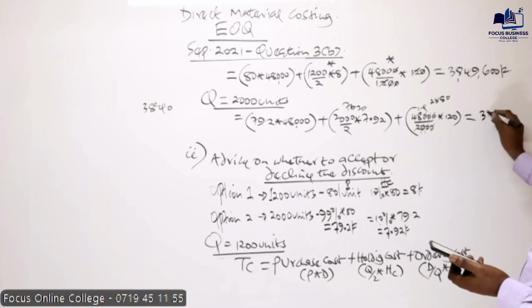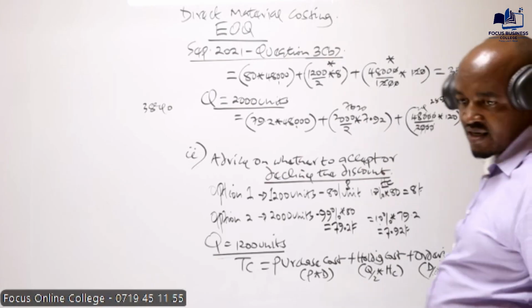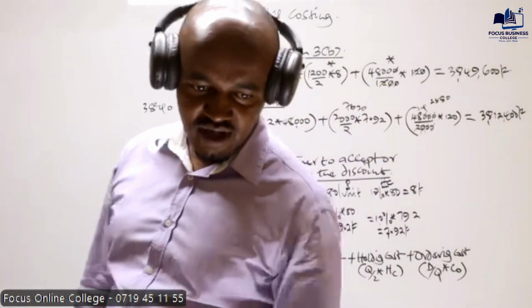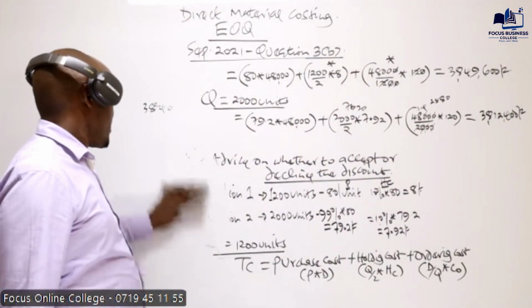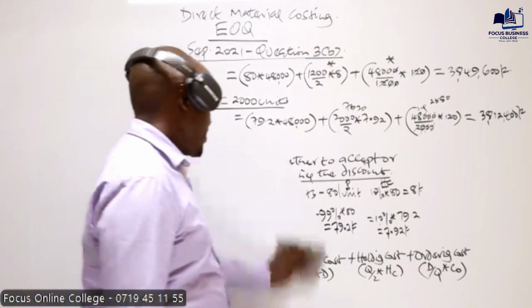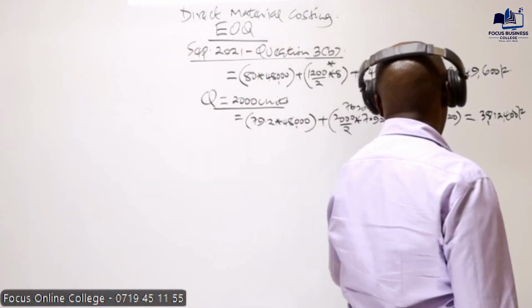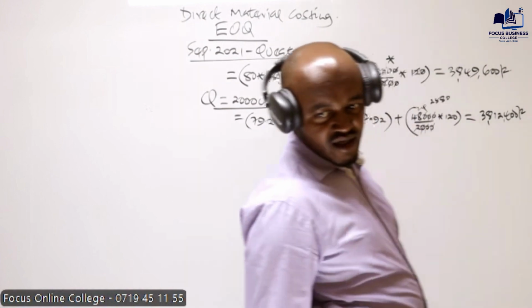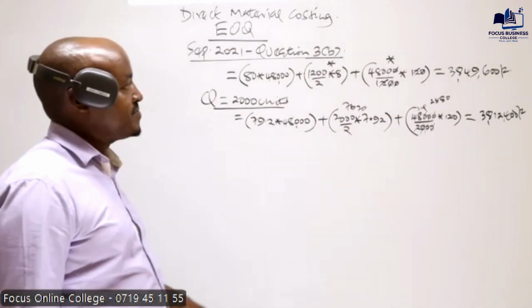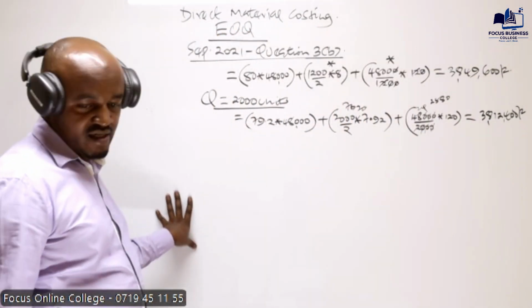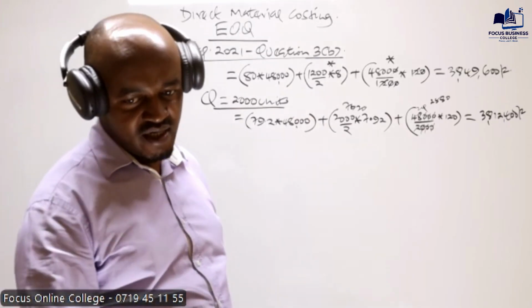I'm getting 3,812,400. Is that what you're getting?